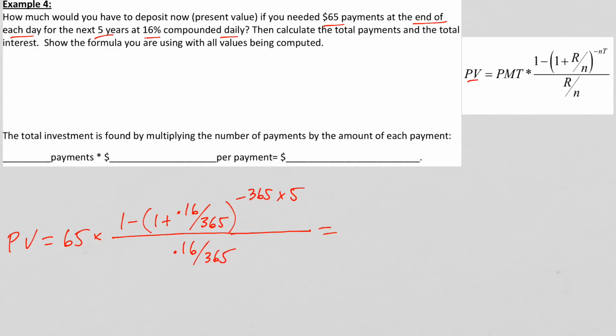This comes out to $81,642.51 after rounding off to the nearest penny.